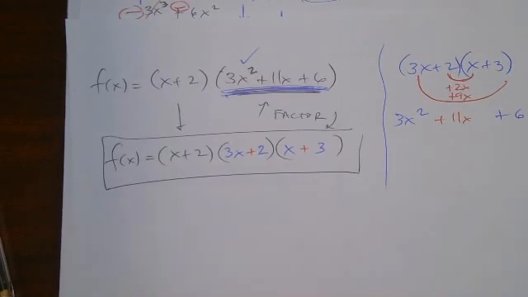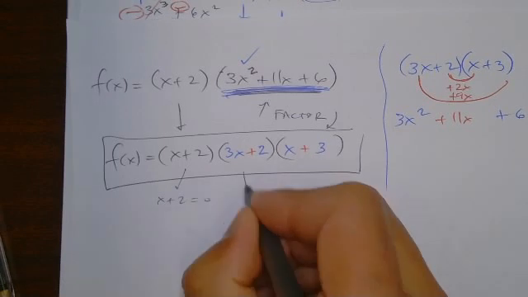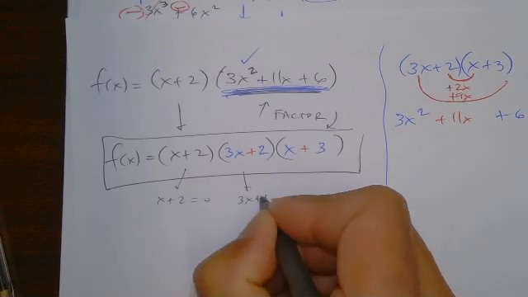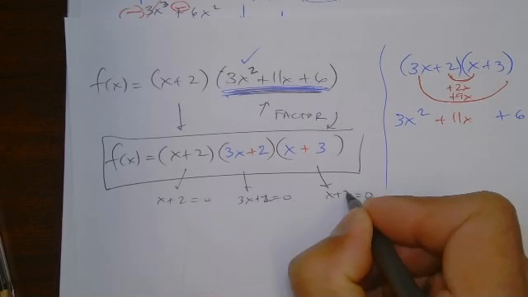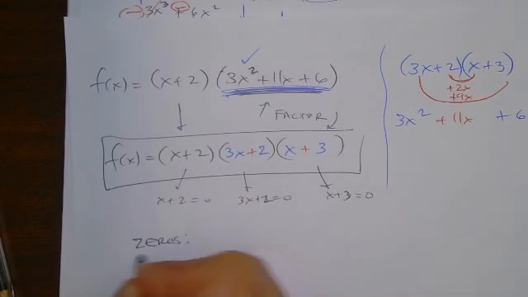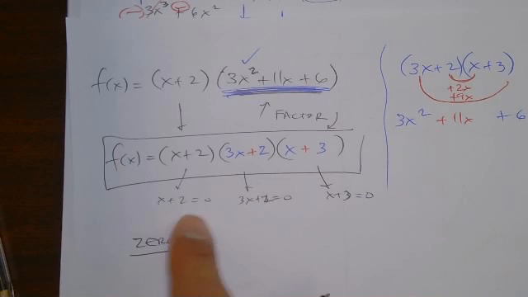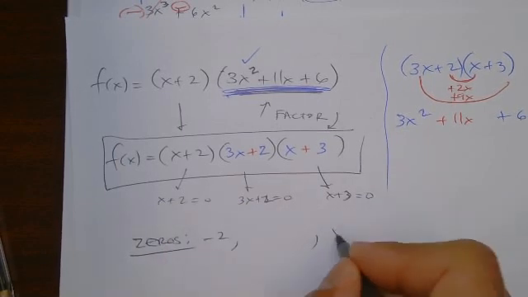So set each of these equal to 0. x plus 2 equals 0, 3x plus 2 equals 0, x plus 3 equals 0. Find the zeros. Well, I know this is going to be x equals negative 2.